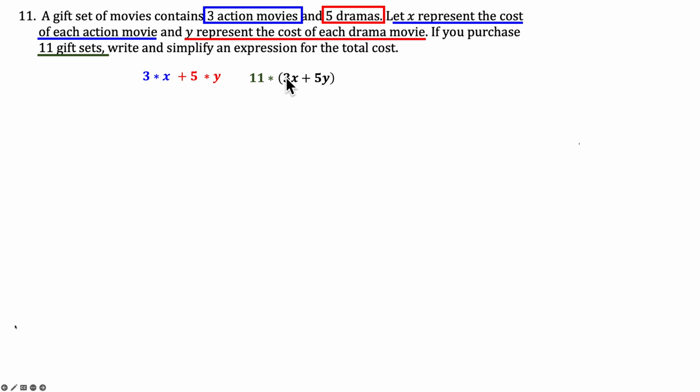So 11 times 3X and 11 times 5Y, 33 times X, 55 times Y, 33X, there's 33 action movies, plus 55 drama movies. How many movies total do we have? We have 88 movies. Now I cannot write this as 88XY. I have to keep them separate. I want to know how many were action movies and how many were dramas.